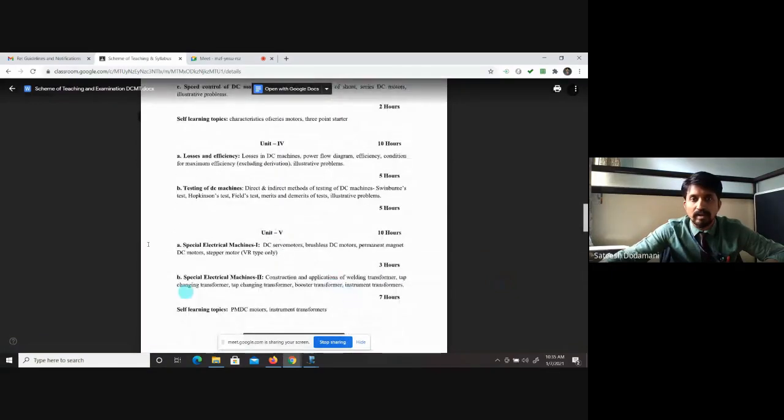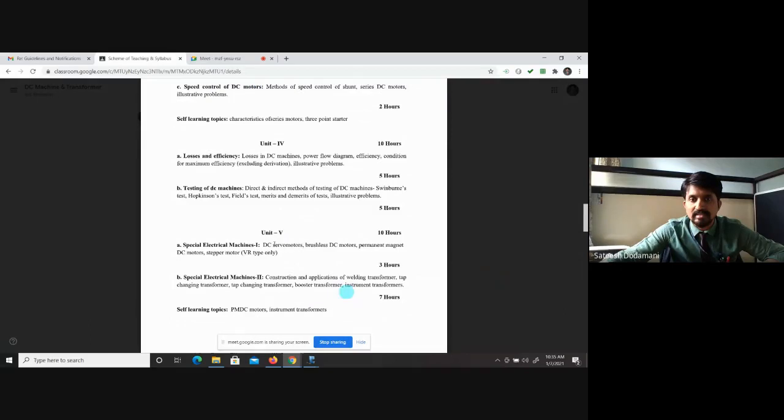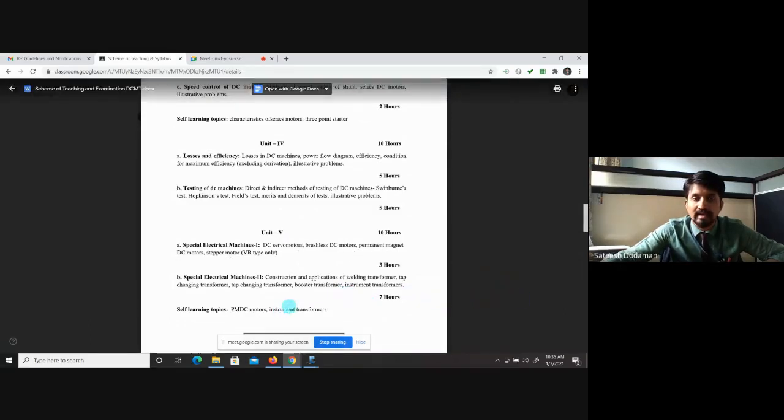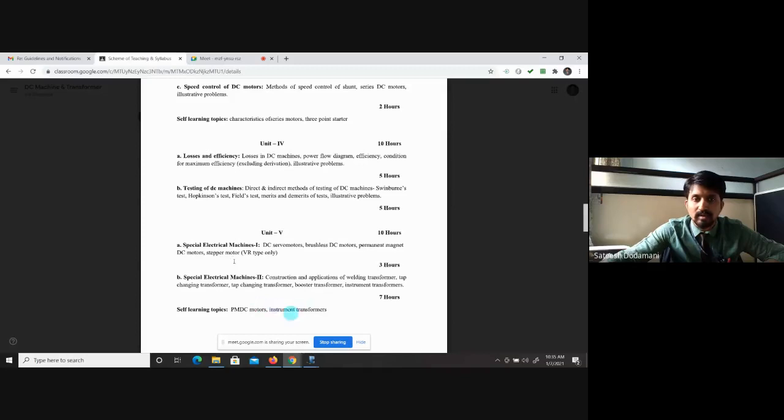Unit 5, Special Electrical Machine 1, consists of DC servo motor, PMDC motors, and stepper motor. Today I have concluded the stepper motor, and I will also cover the DC servo motor today. That completes your Special Electrical Machine 1, which covers 20 marks. So with 20 marks, the total of 100 marks gets over.